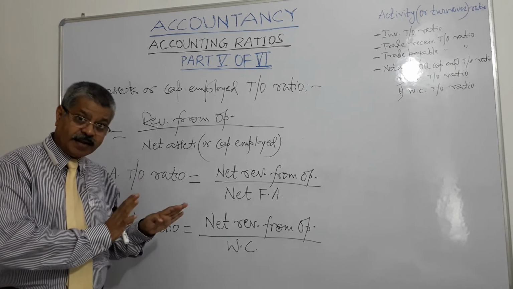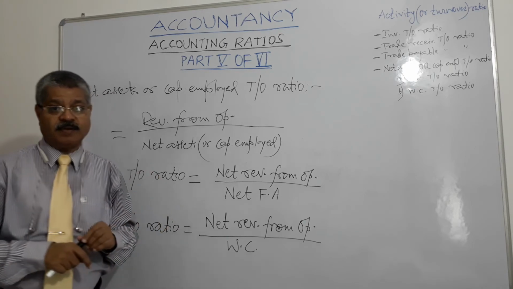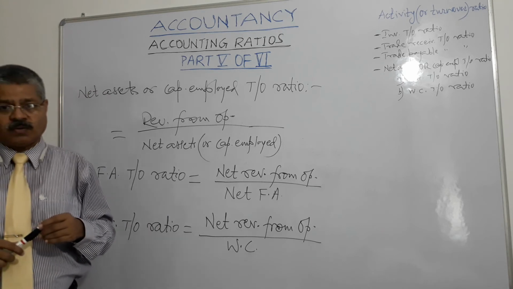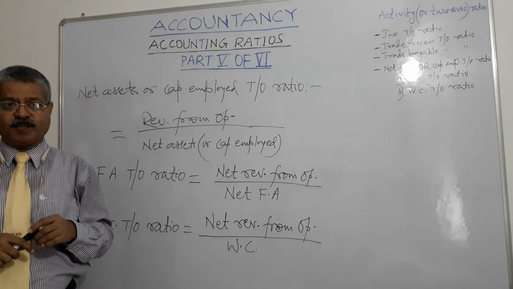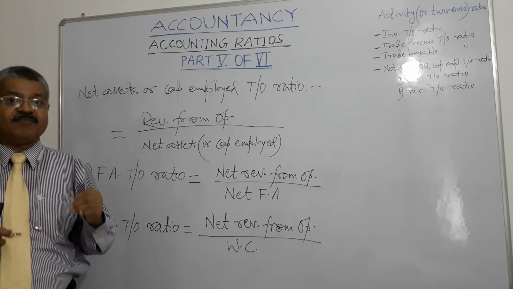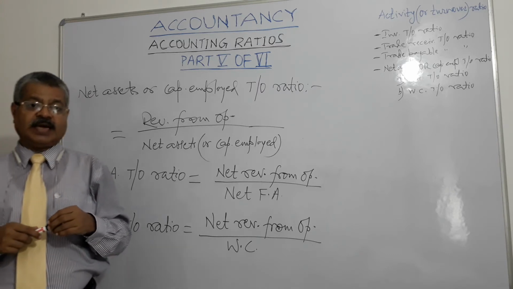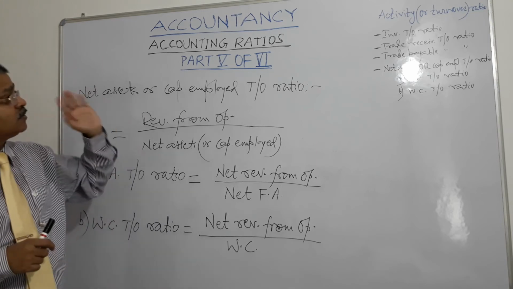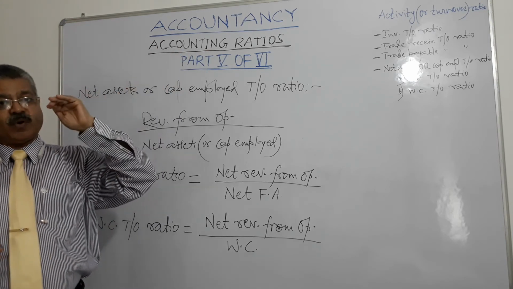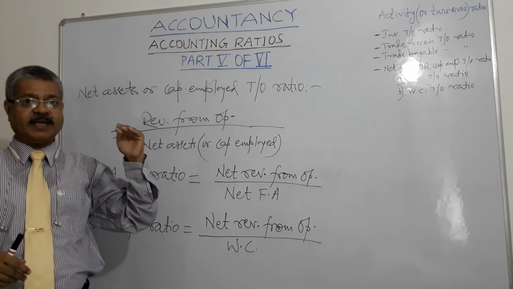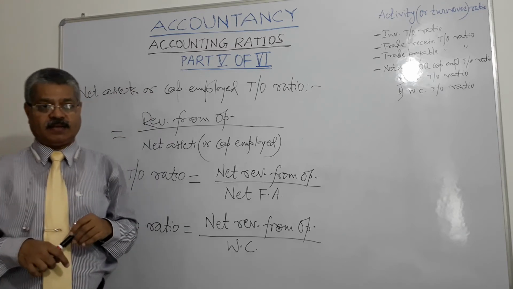Resources are lying idle. So it shows the relationship between cost of revenue from operations and average inventory, and the formula for inventory turnover ratio is cost of revenue from operations divided by average inventory.